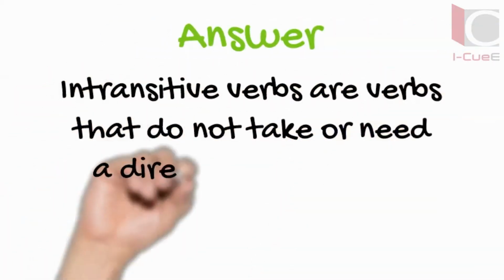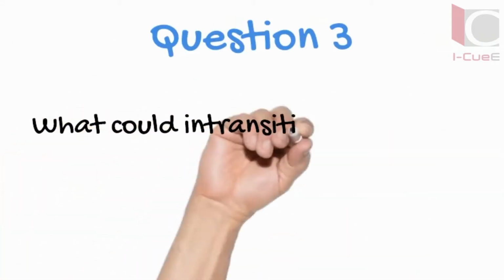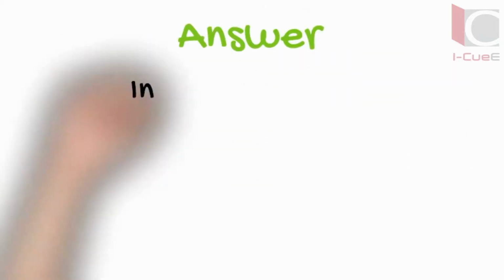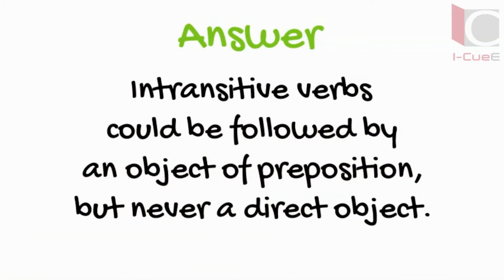Intransitive verbs are verbs that do not take or need a direct object after it in a sentence. What could intransitive verbs have after the verb? Intransitive verbs could be followed by an object of a preposition, but never a direct object.